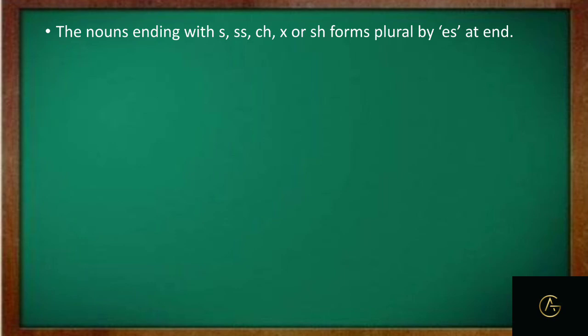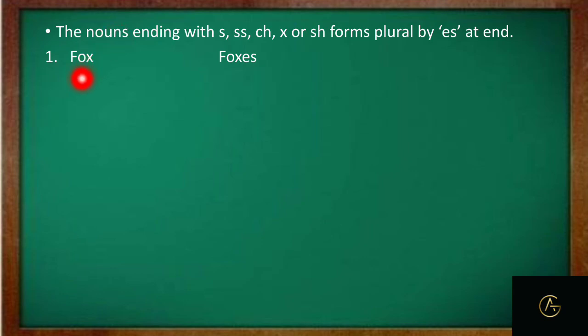In some categories, like the words ending with s, ss, double s, ch, x, or sh, if the nouns end with these letters, we add es at the end. Let's see with example.